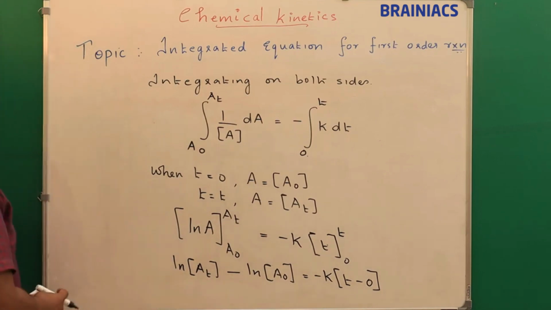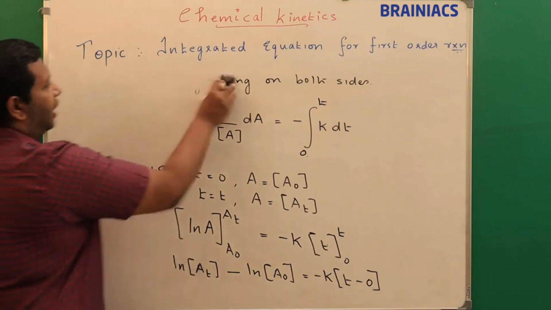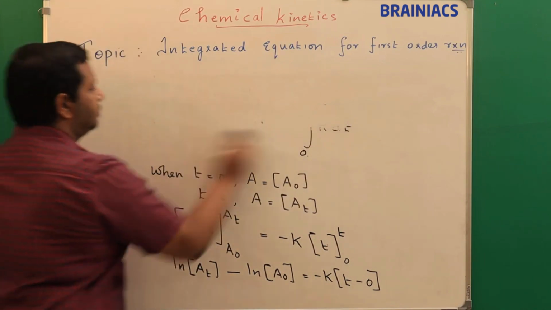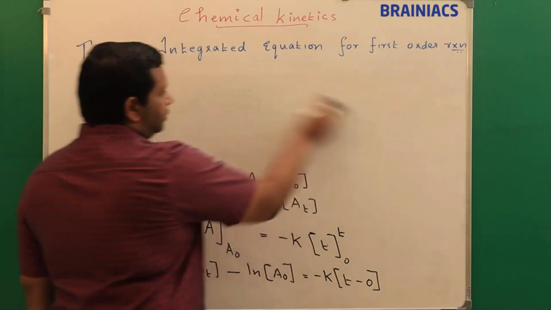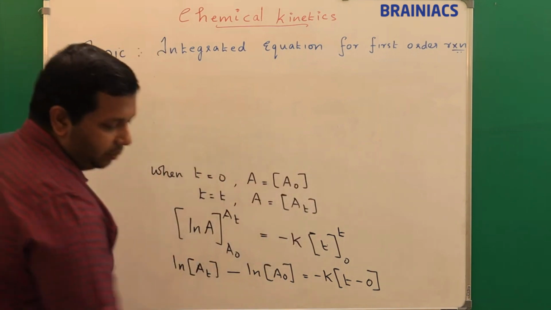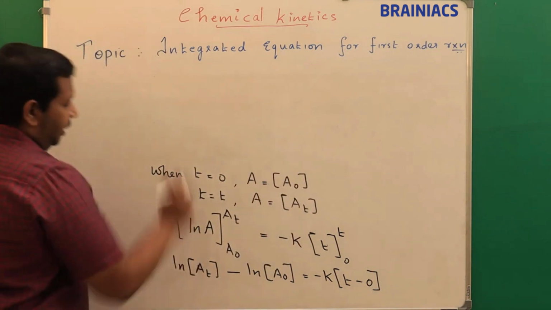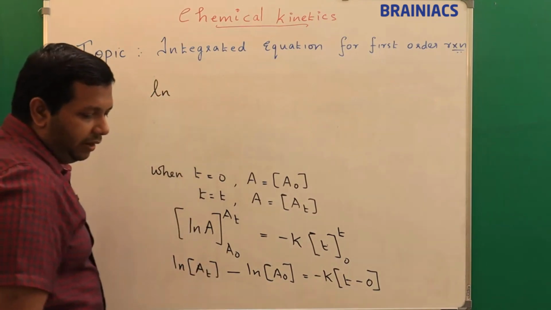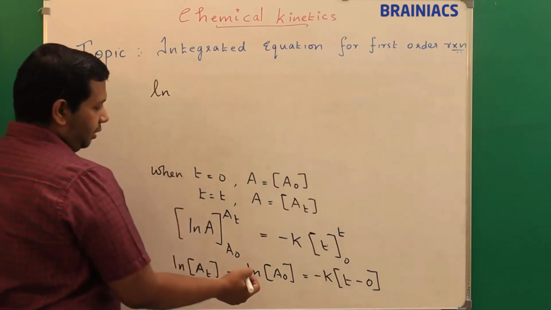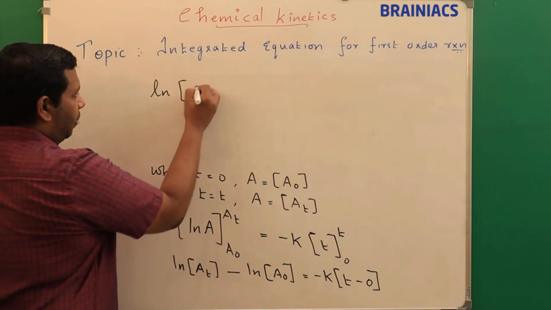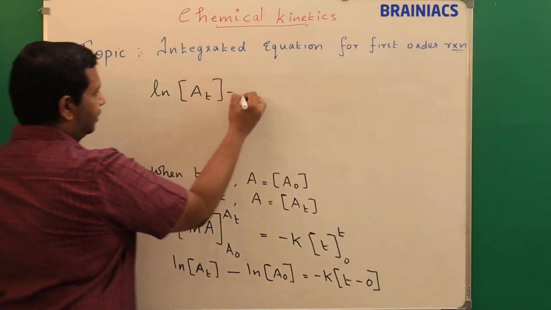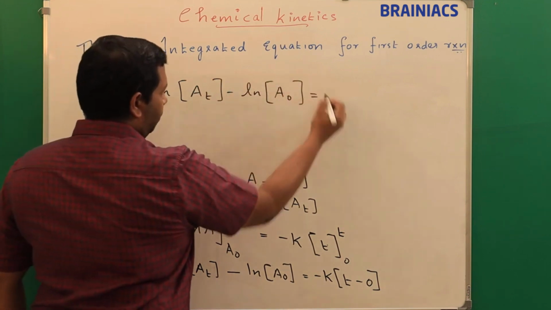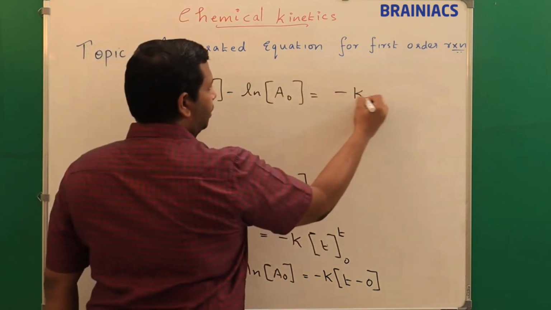Now what you need to do, you can rewrite the equation. Okay, so listen, on rewriting the equation, this will become what actually? ln a of t minus ln a of 0 equal to minus k into t.